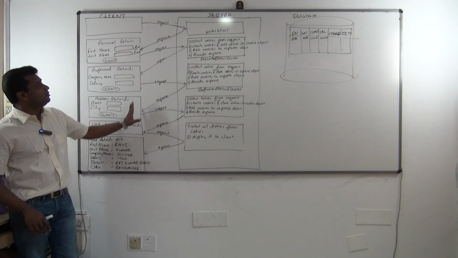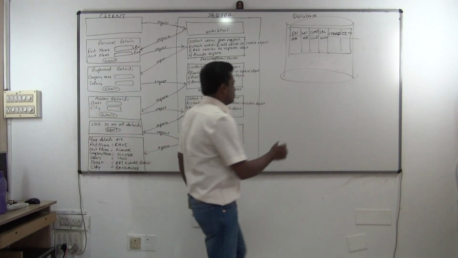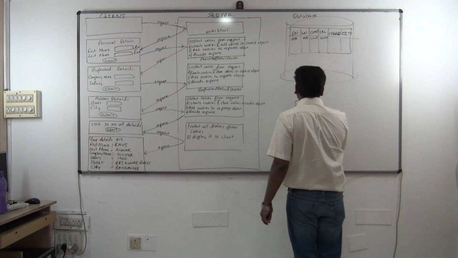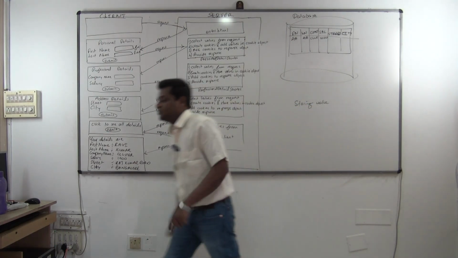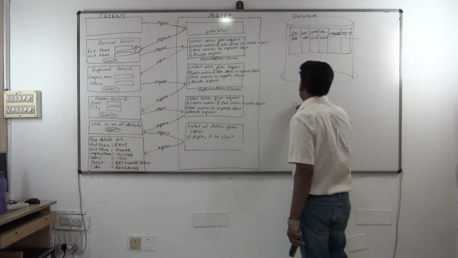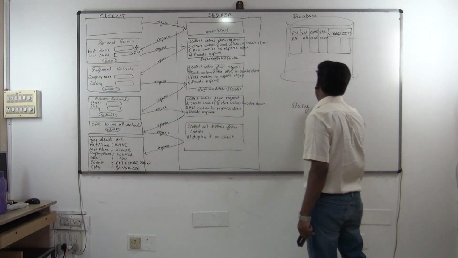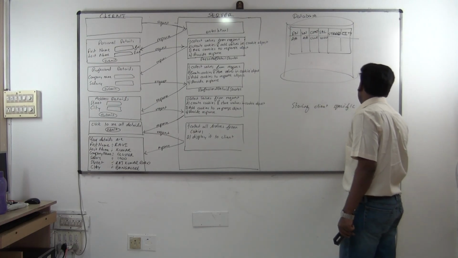It is very simple. If you want to store values on the client side, we use the cookie object. See, this is the difference between cookie and what? For storing client specific values, you can use two objects, as I told you now.